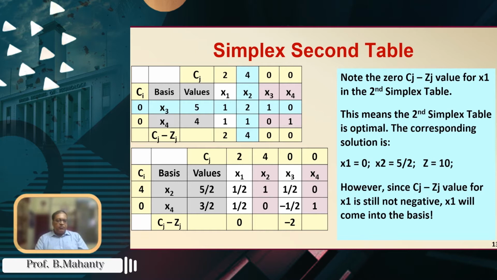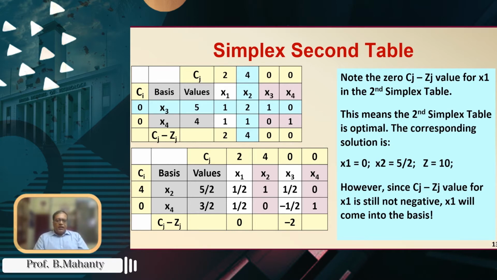That means there will be no improvement in the objective function value, but we shall have another solution, and that is truly another solution. It's not degenerate, where it is the same point; we get another solution which has the same objective value.